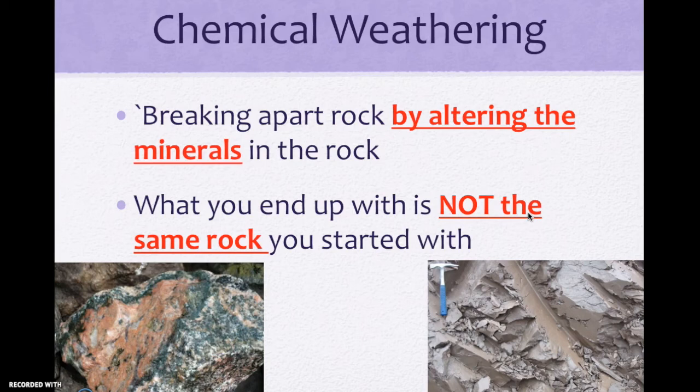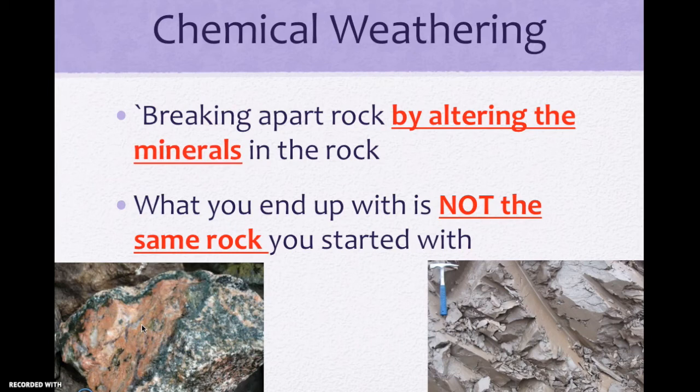So for example, right over here, we've got a rock called granite. I'm sure you've all seen it before. It makes lovely countertops. Okay, and in this rock, we have a mineral known as feldspar. It's kind of like this orangey-ish mineral here.